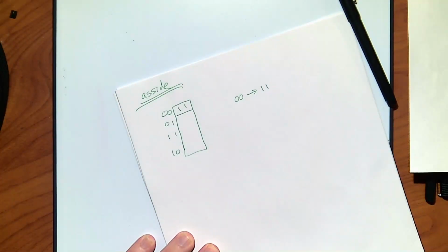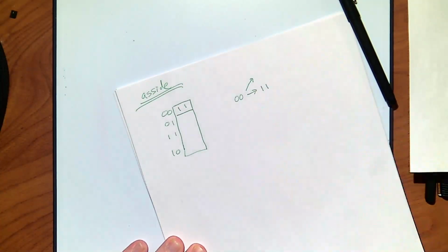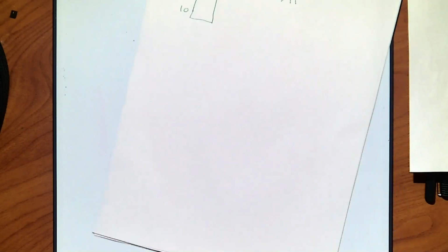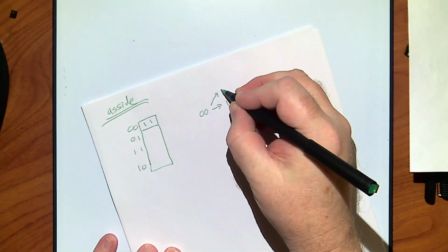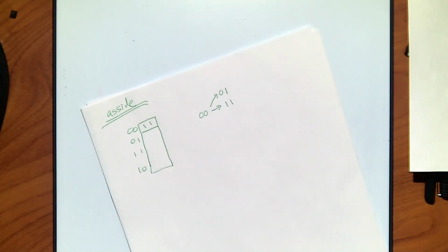Is it theoretically possible that they perfectly flip at the same time and everything goes? It's theoretically possible, right? What happens though if on my gates I don't perfectly time my wires and everything else? So when I'm trying to go to 1, 1, is it possible that the one on the right transitions first?